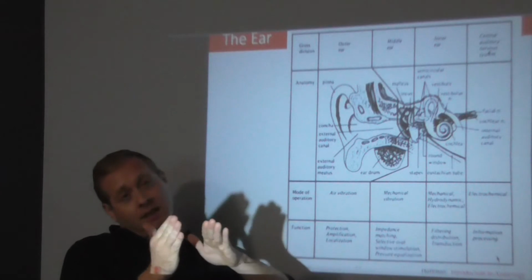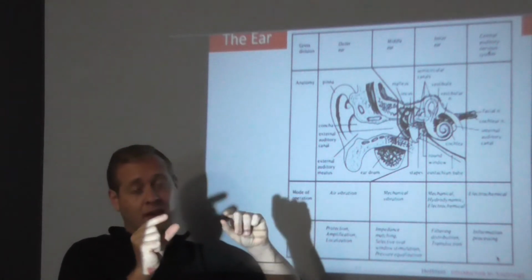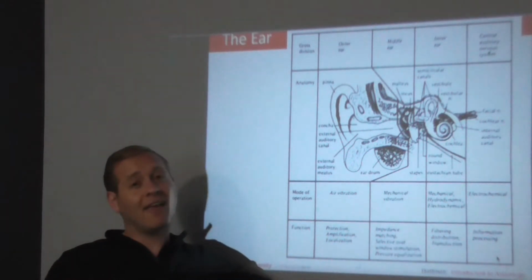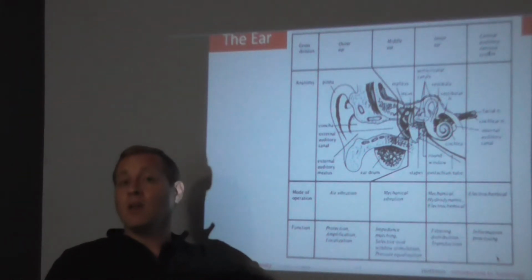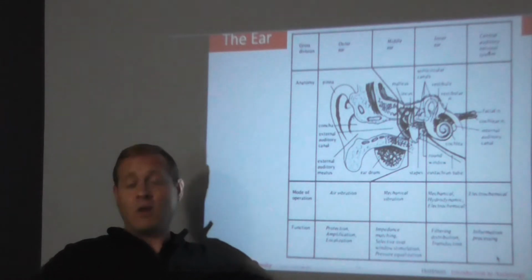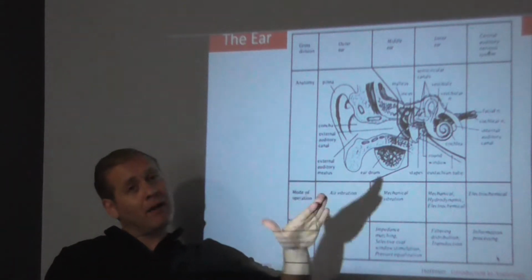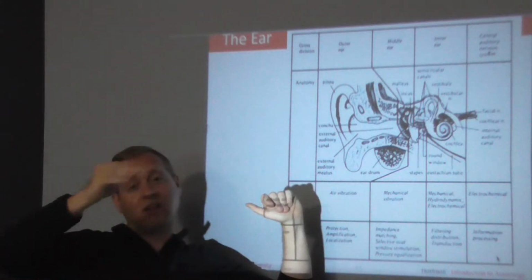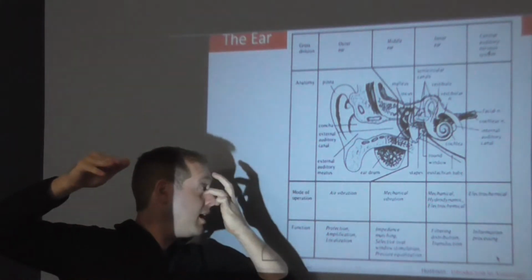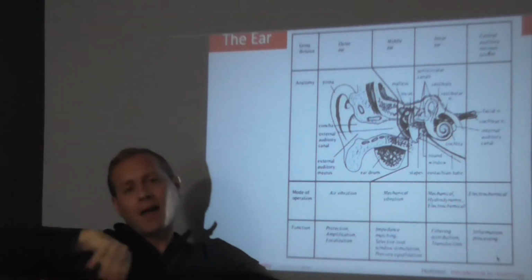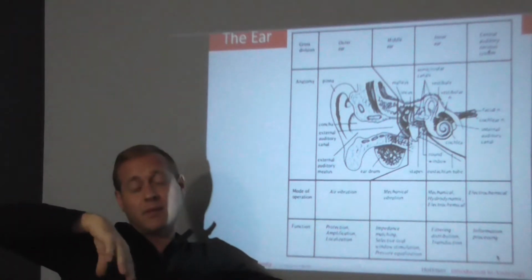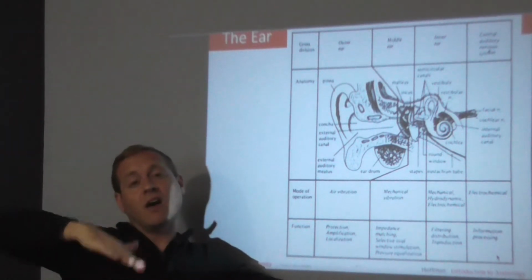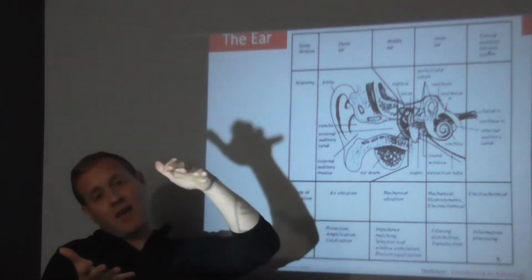Okay? In the middle of those two bony tubes that are filled with perilymph fluid is a membranous tube known as the scala media, or the cochlear duct, which is filled with endolymph fluid. The energy from the movement of the perilymph on the top, connected to Reissner's membrane, the top portion of that middle duct, or the energy moving on the bottom from the scala tympani, moves the basilar membrane, or the bottom portion of the cochlear duct, okay?